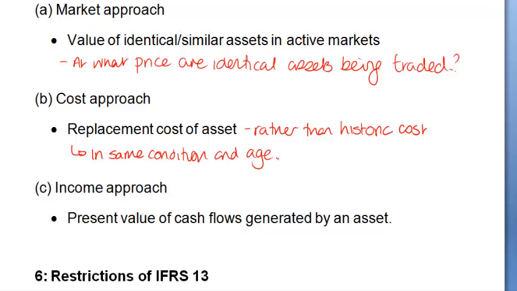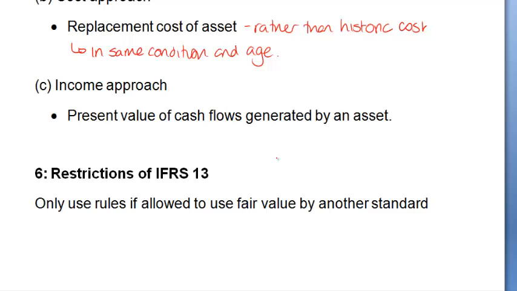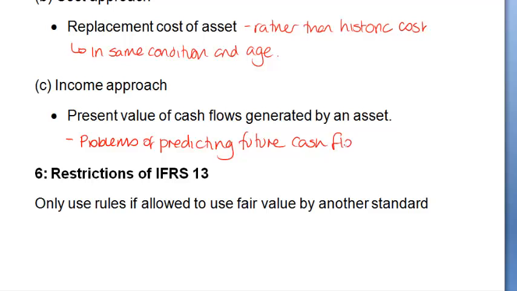And then finally, we've got an income approach. And remember, this is used when we're doing impairment calculations. We say, well, what's the present value of the cash flows generated by an asset? But we've got problems here. Predicting future cash flows can be quite difficult.